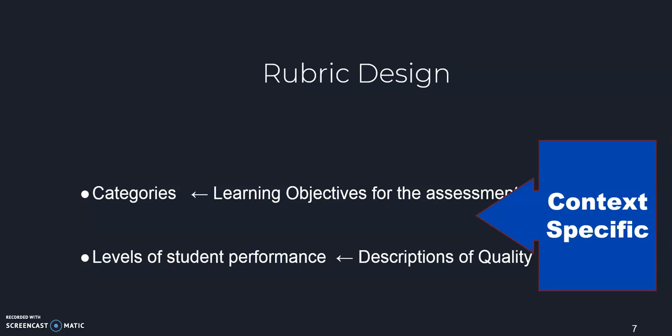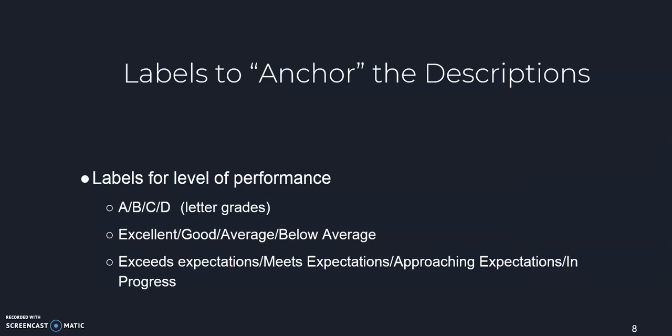Both the categories and the levels of student performance are context specific, and this is a matter of validity so that the results of the assessment are meaningful and useful.